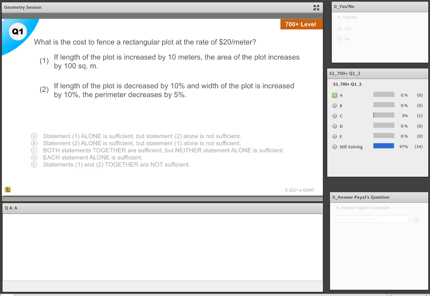Okay, let's get some more folks here. All right, here is question number 2, and you can see that the changes are in statement 1, and you can see the highlighted words that have been changed.